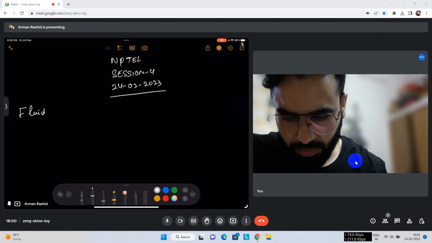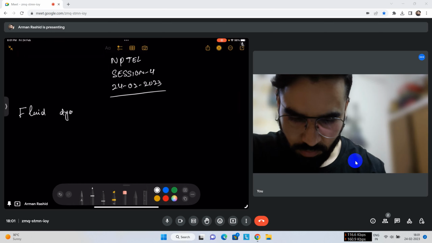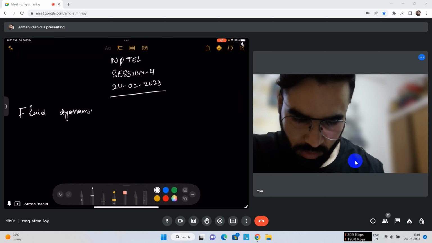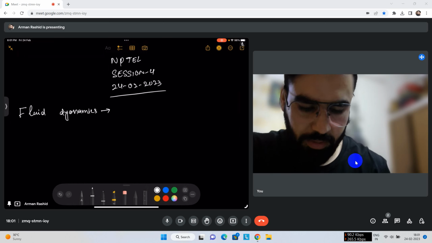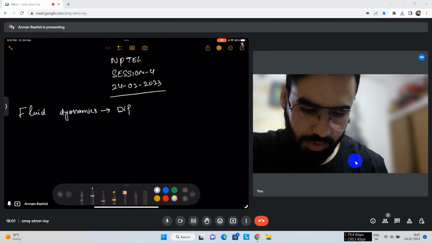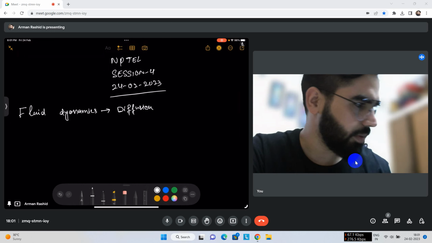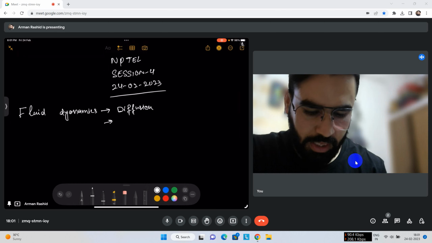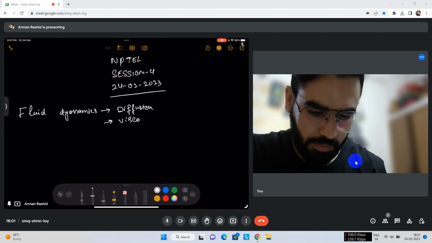In the fluid dynamics we have diffusion, so we'll be revising some of the diffusion concepts, some of the diffusion equations. Then we have viscosity.